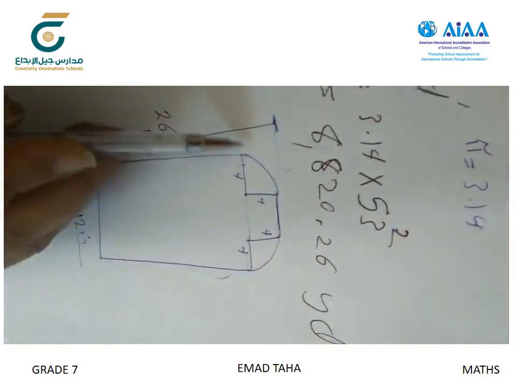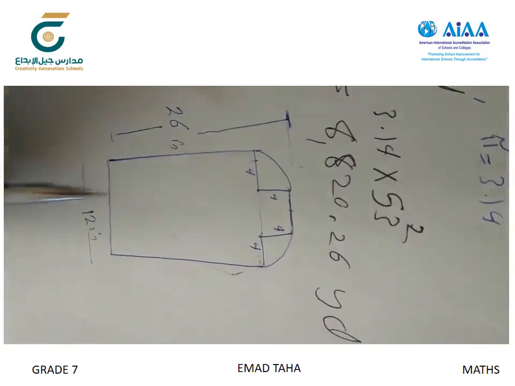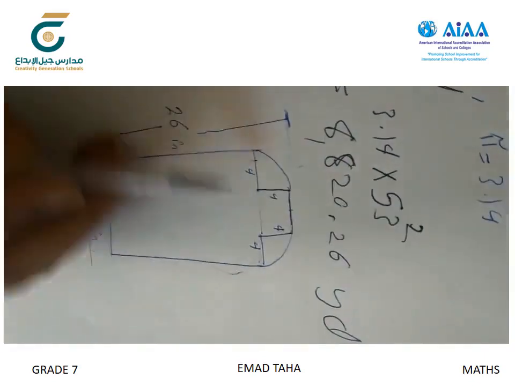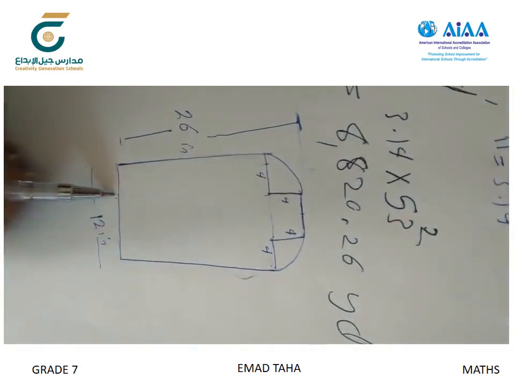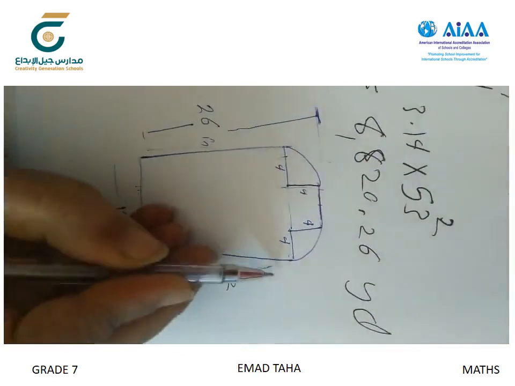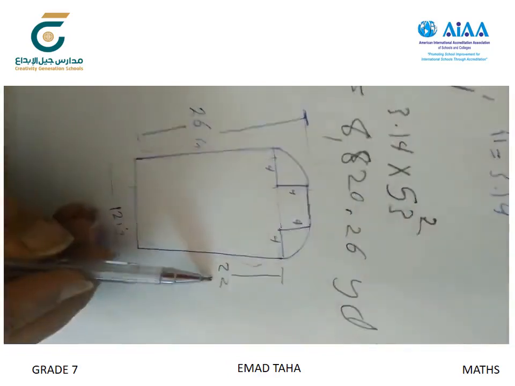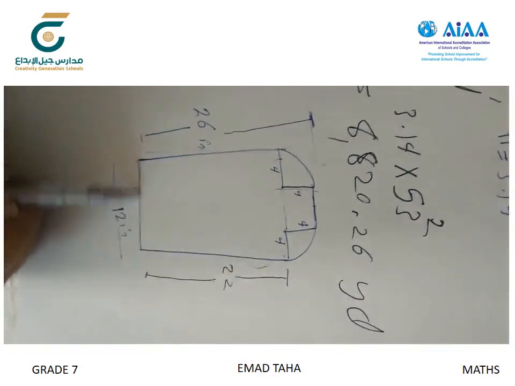The distance from here to here is 26, and this equals 4. What is the remainder here? 26 minus 4 equals 22.